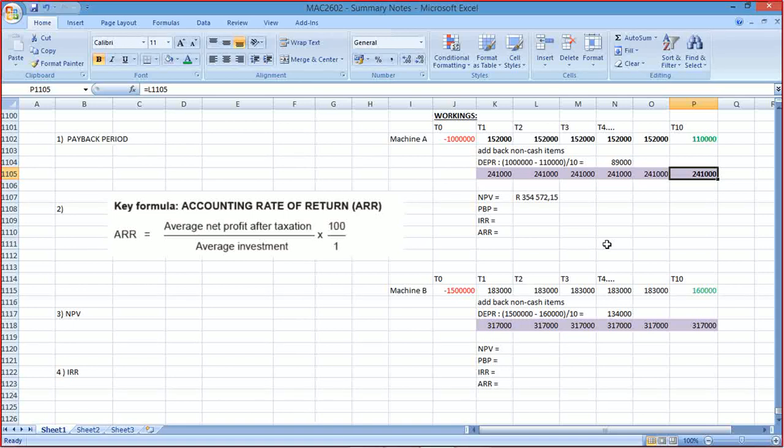First cash flow is 241, 241 every single year. Wait, so why is it 2? Oh, no, it is wrong. So it's 241 for 10 years. In the last year, it's 241 plus 110,000, close brackets, gives you 351. Yeah, that's the last year.